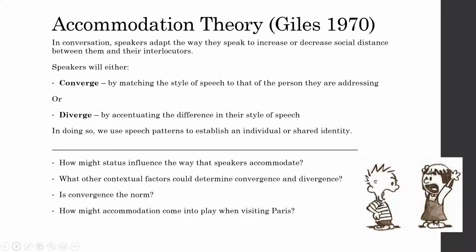Other factors affecting identity. For example, in the example that I gave, if you'd moved from one country to another, to what extent would you preserve your own identity, and to what extent would you converge with speakers in the country that you came to? Is convergence the norm, and do we have an instinct towards convergence?